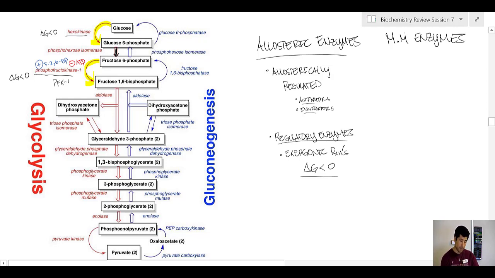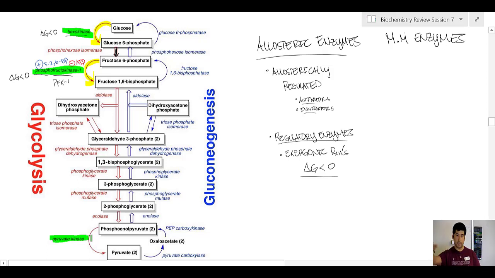So fructose 2,6-bisphosphate is an allosteric activator of phosphofructokinase 1, and it makes phosphofructokinase 1 work a lot faster. You're going to want to know the allosteric activators and the allosteric inhibitors for all of the regulatory enzymes in glycolysis, which, like we said in class, were hexokinase, phosphofructokinase 1, and pyruvate kinase.